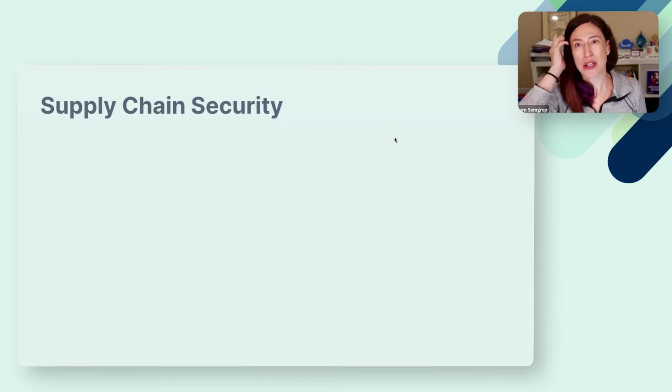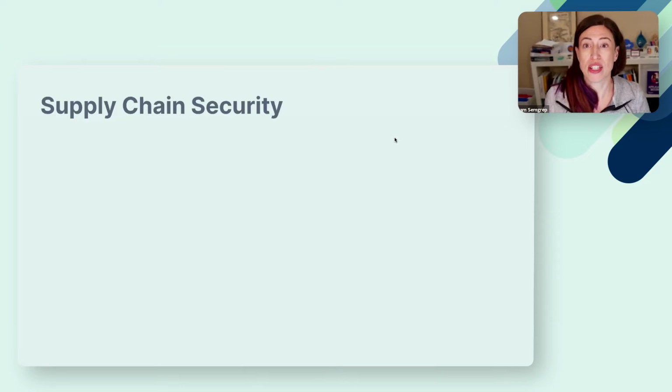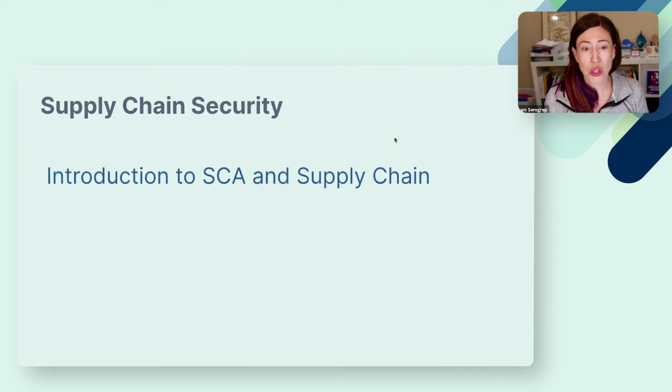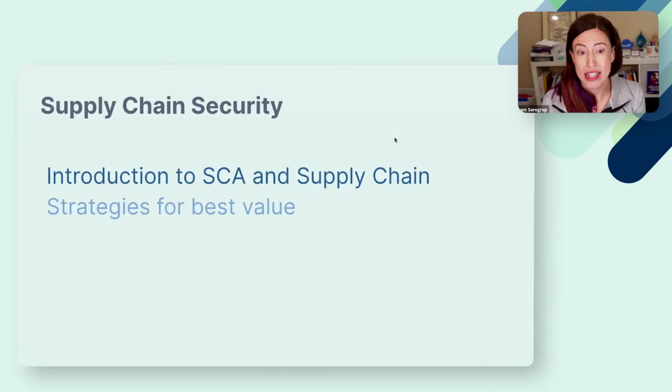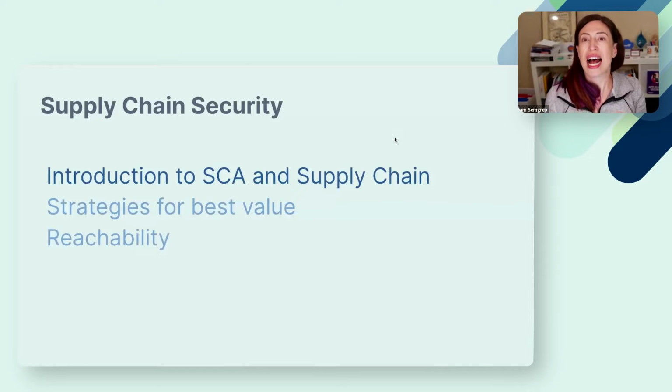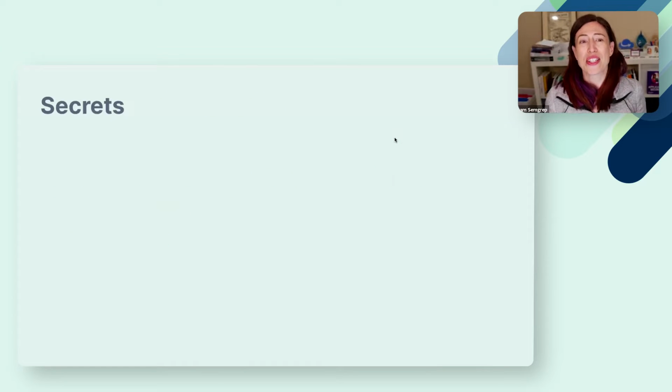Then we're going to talk about supply chain and supply chain security. So what is software composition analysis? What is a supply chain? How to get the best value out of one of these tools. And then we'll talk about something called Reachability, which is a thing I think that Semgrep started, and it's pretty nifty. And then we're going to talk about secrets.